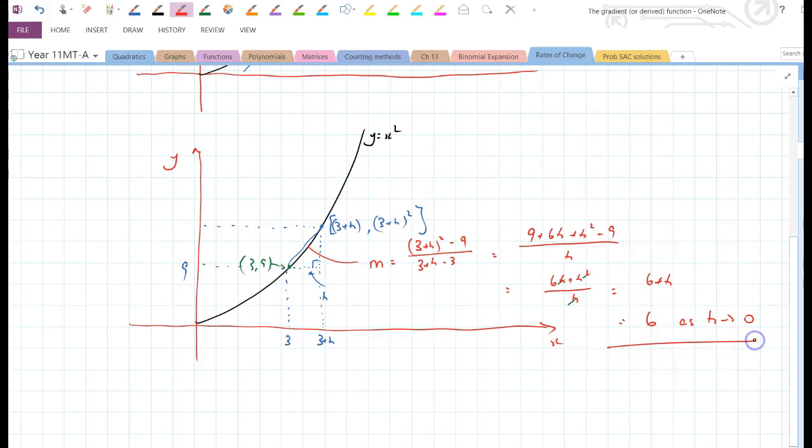That is the crucial component here, and this is where we start to bring in some calculus. We're now bringing in this concept of a limiting value. The limiting value of 6 plus h, as h tends to 0, is 6. And so we conclude that the gradient at the point (3, 9) is equal to 6. Okay, so we've got that, and that's great.